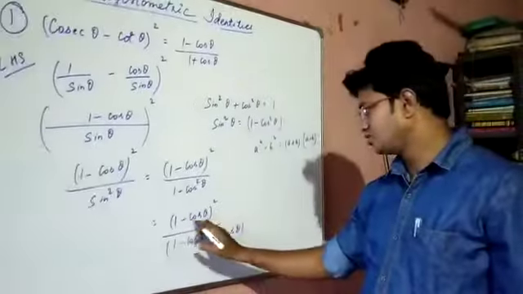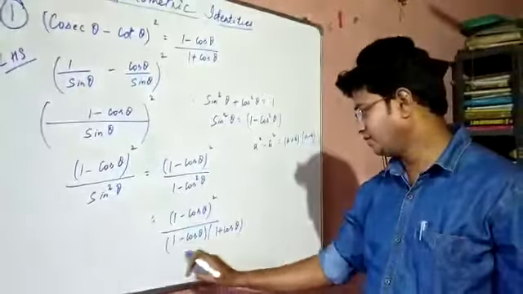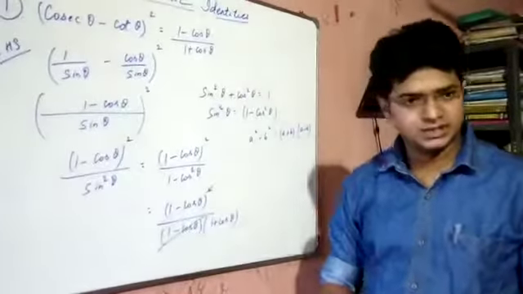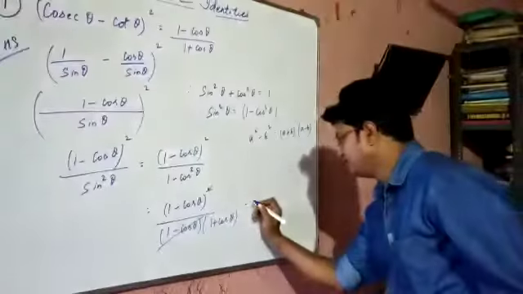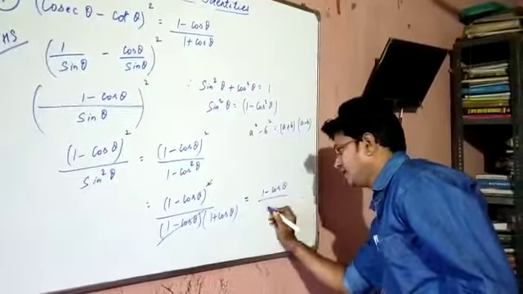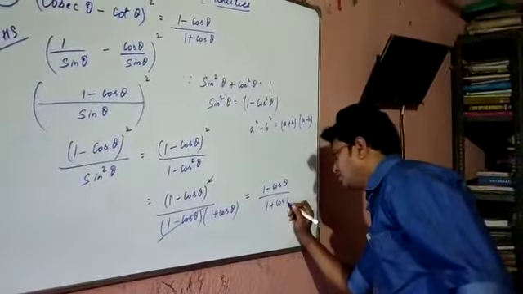See, in (1 minus cos theta) whole square, you are getting 1 minus cos theta, so 1 minus cos theta will get reduced. So finally the ultimate result you are getting is (1 minus cos theta) by (1 plus cos theta).